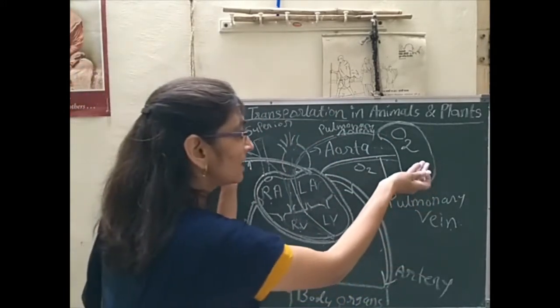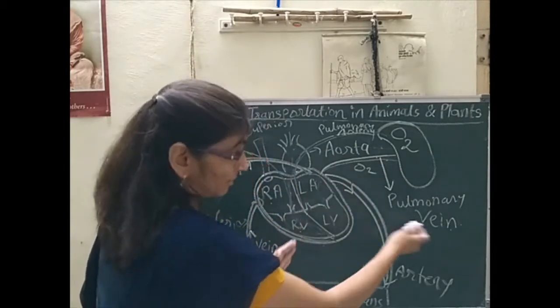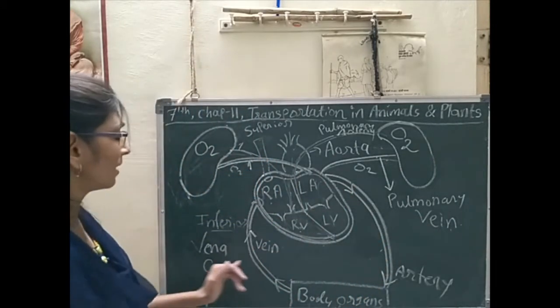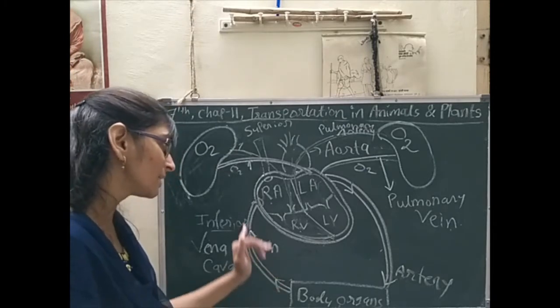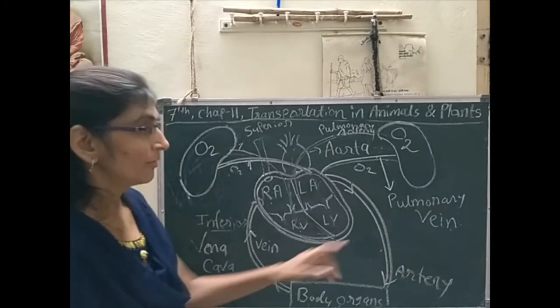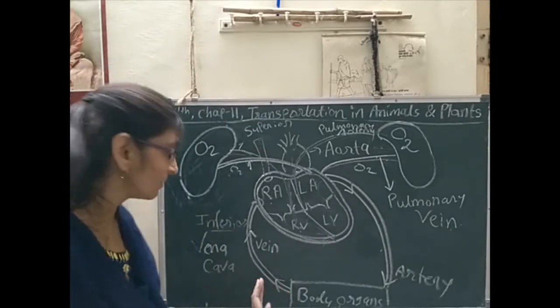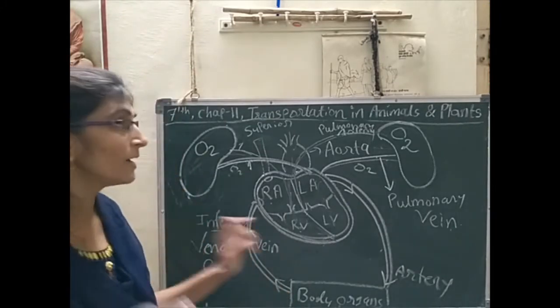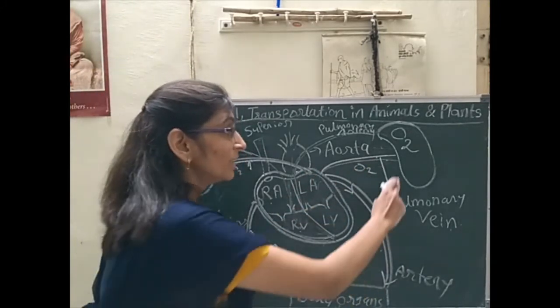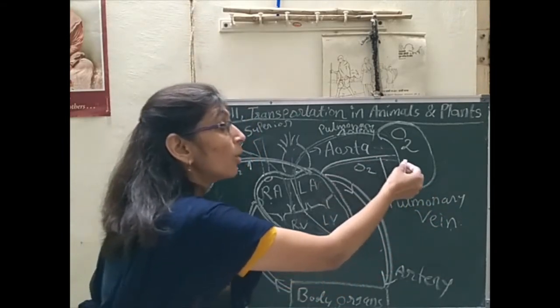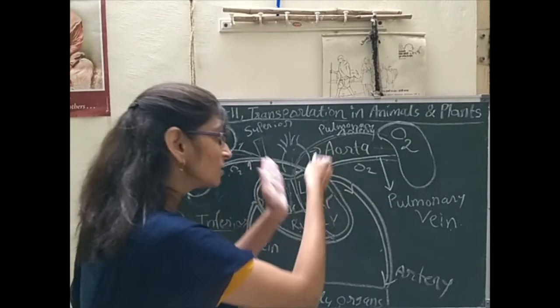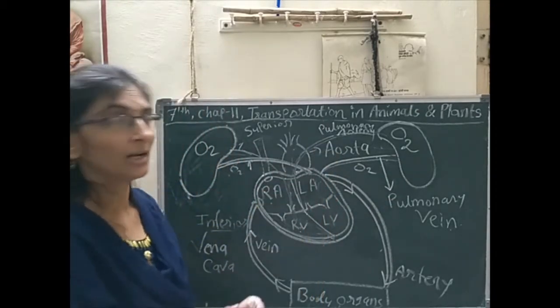And again, we have seen deoxygenated blood is carried through the vein. Veins always carry deoxygenated blood, here we have seen, but not always. Here the exception is that the pulmonary vein carries oxygenated blood from the lungs towards the left atrium.